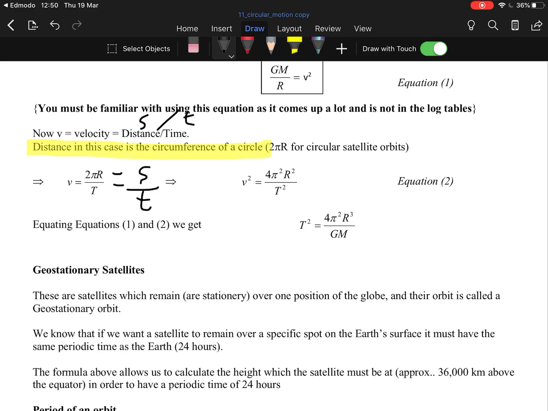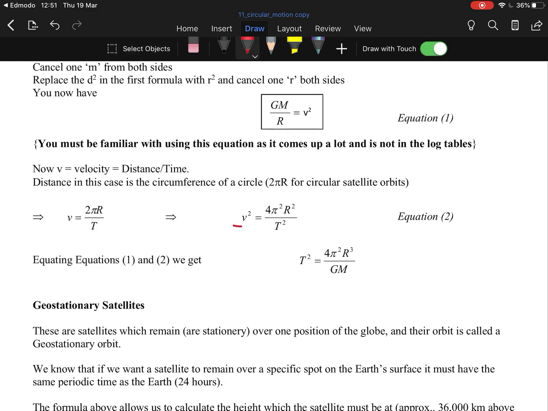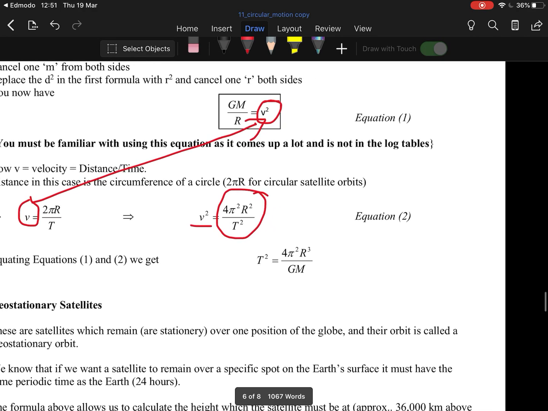Now here, there are 2 ways to approach this next bit, okay? What I did was, I simply said, let's square both sides, because we want v squared. All we're going to do is sub in this v up here for this v. So we have GM over r equals v squared. I'm going to sub in that v for v squared. Hence why we end up with this 4 pi squared r squared over t squared. If you're confused where that's coming from, I will scooch this over, give me a bit of space.